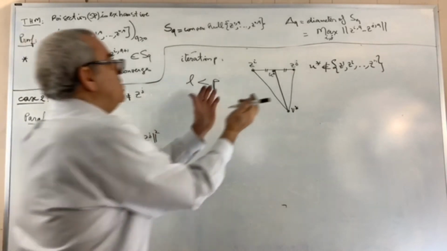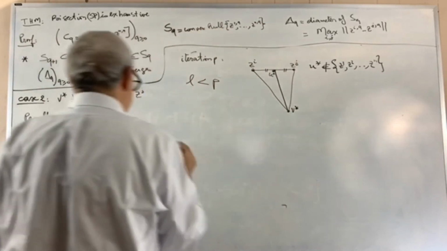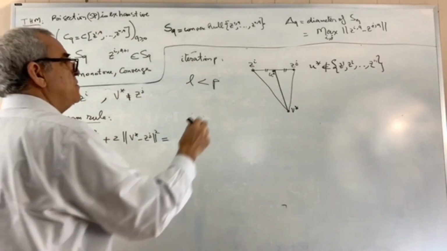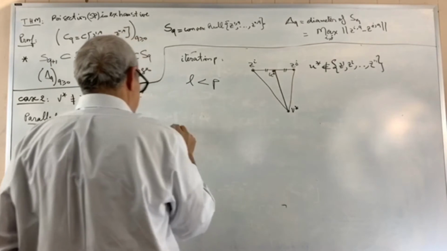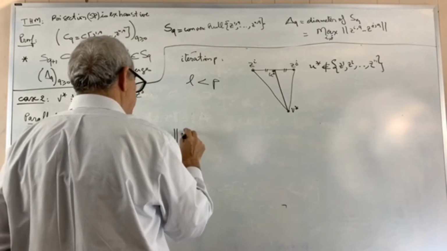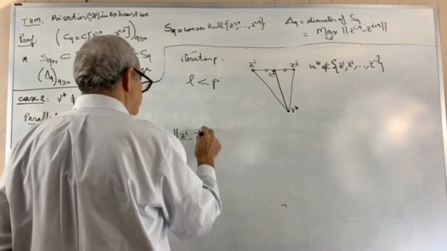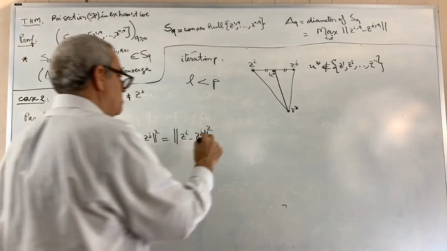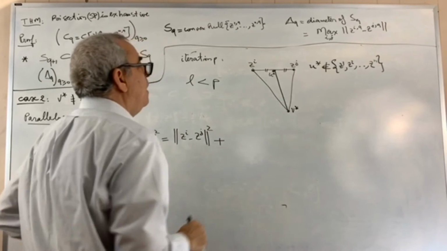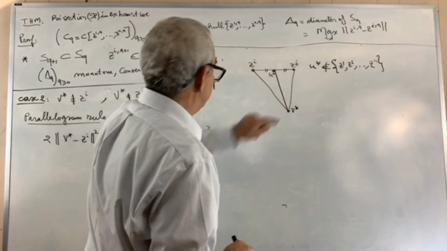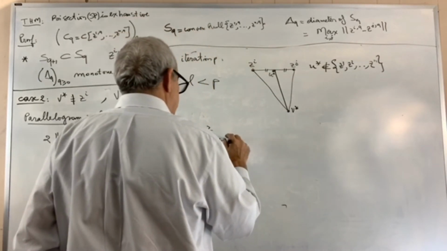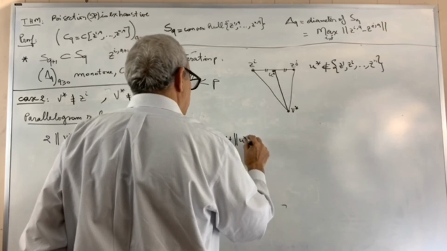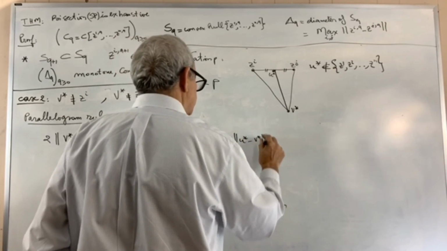So imagine you have a parallelogram with this. That's equal to the sum of the squares of the diagonals. So one diagonal is the norm of Zi minus Zj squared, right? And the other one is plus. The other diagonal is twice this. So it's 4 times the norm. When I square it, it becomes 4 times u star minus V star squared.